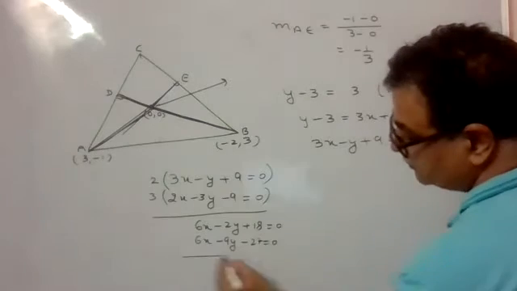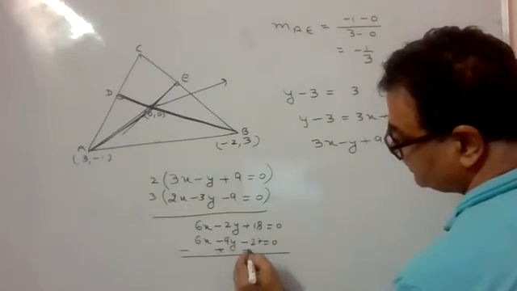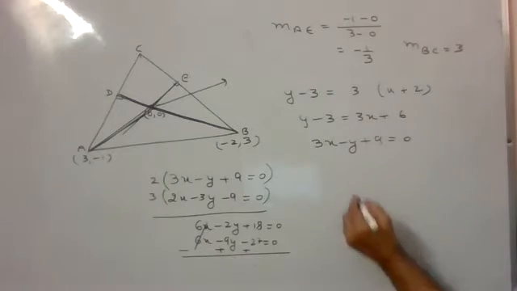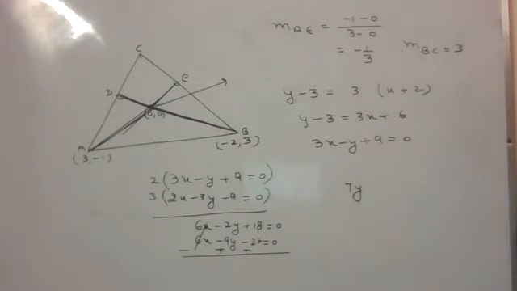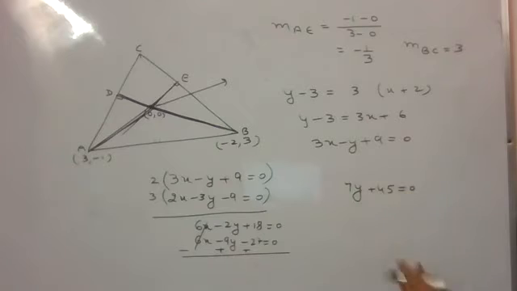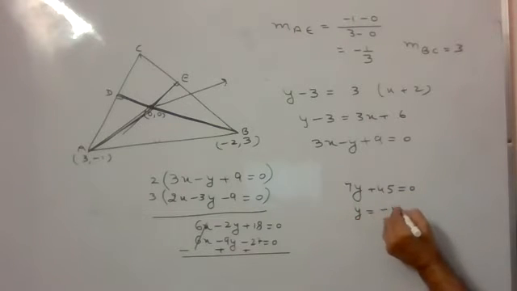Solve it now. Minus, plus, plus. This cancels out. 7y equals 45, this is 27 plus 18. So y comes out to be 45 by 7.